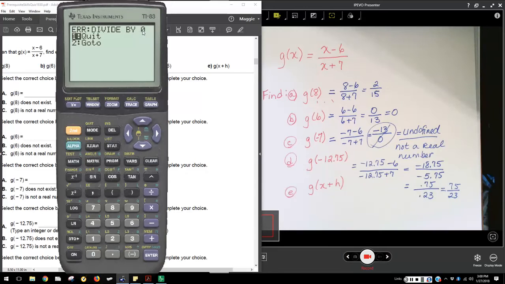Okay? So it actually tells you why it's not a real number. You're dividing by 0. And then on the negative 12.75, I can do the same thing here.